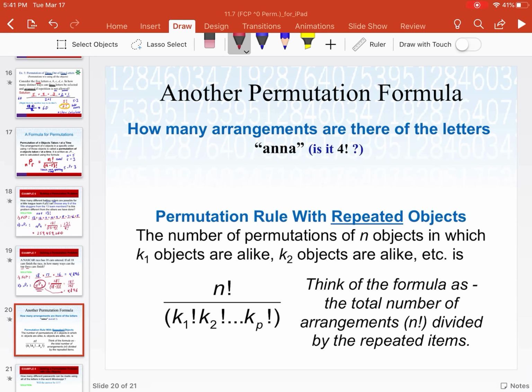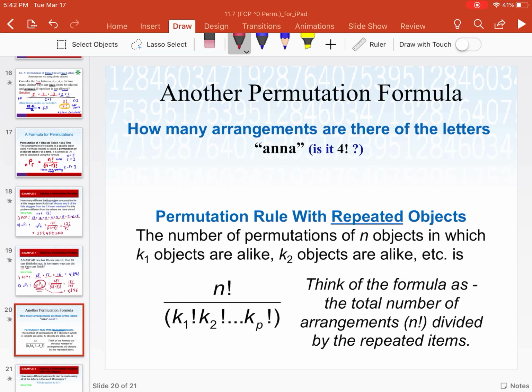So, what about if there are repeated objects? Well, let's think about this. Let's just take a simple example involving the name Anna. And I say, hey, how many arrangements are there of the letters? Okay.